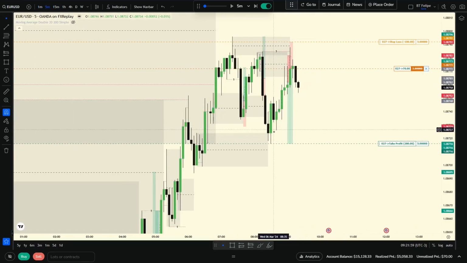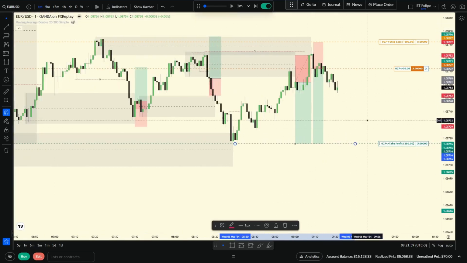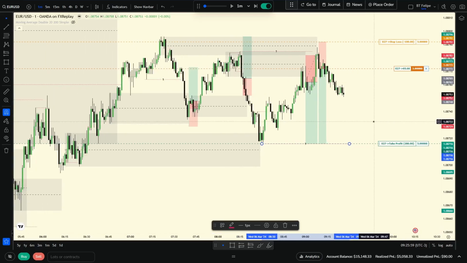Where's the M5 here? Yeah, the only M5 is here. Maybe it's going to break here, tap the 50% and then go up, or maybe it's gonna just drop everything, I don't know. Let's see what happens.